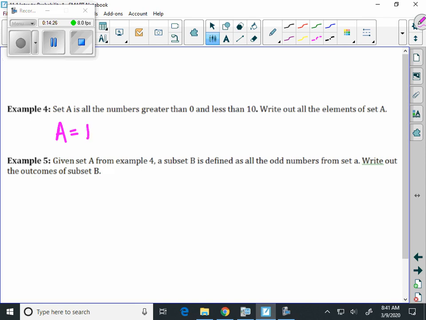So 0 is not going to be a part of it. So we start filling them in. Notice that I did not write 10. It says all of the elements greater than 0 and less than 10. So there's our set A.